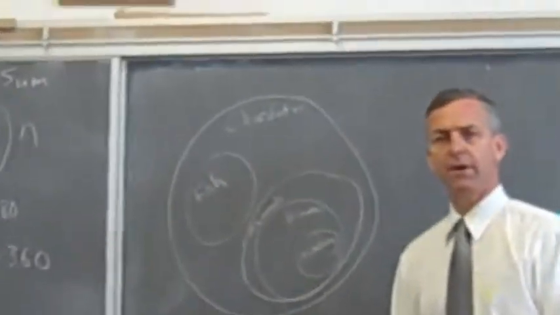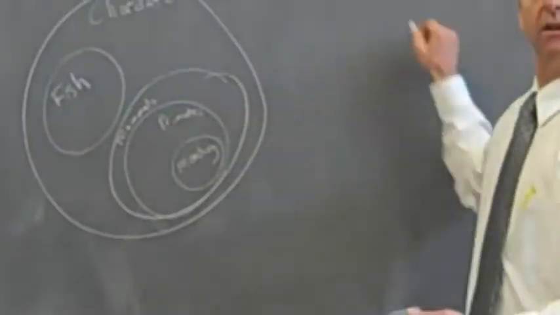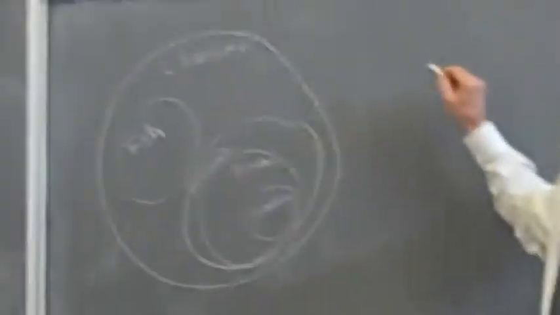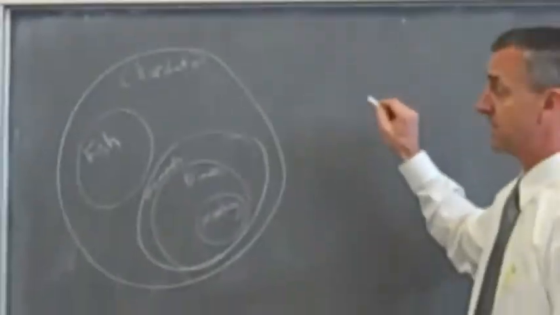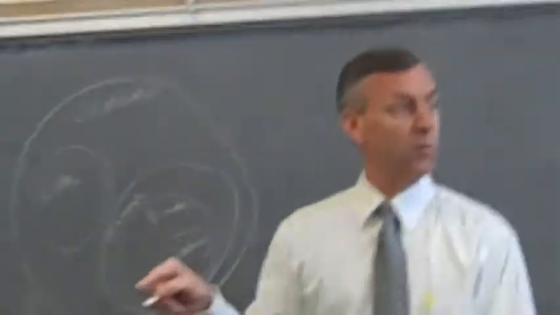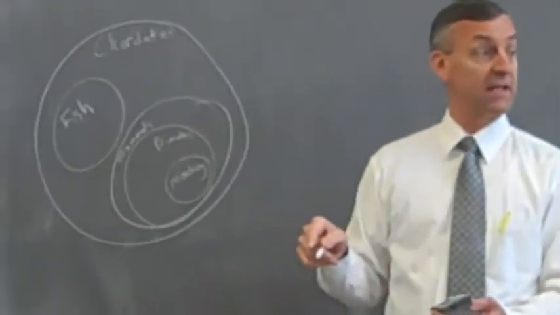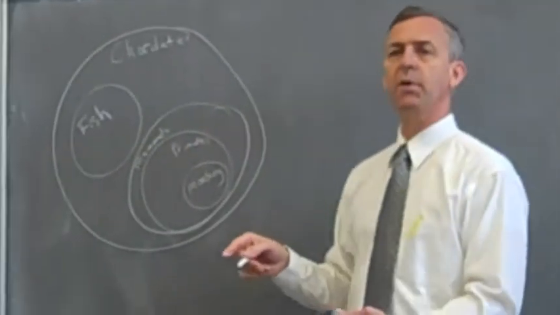What about birds? Where would they go? Are they even in here? Do I put them out here? Are they mammals? Warm-blooded, but they don't have hair, so they lay eggs. So where do I put it?